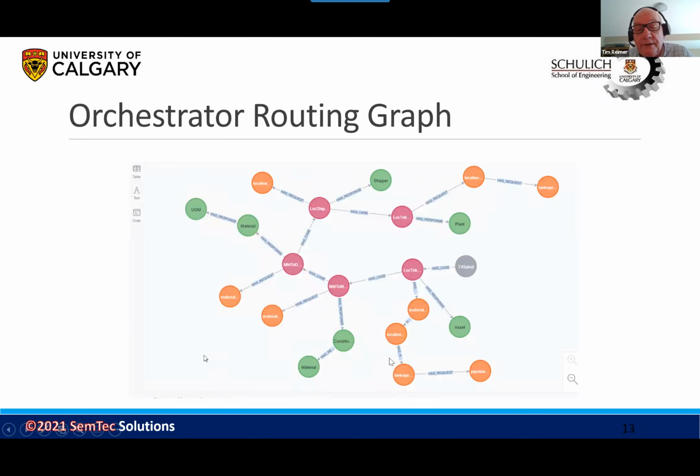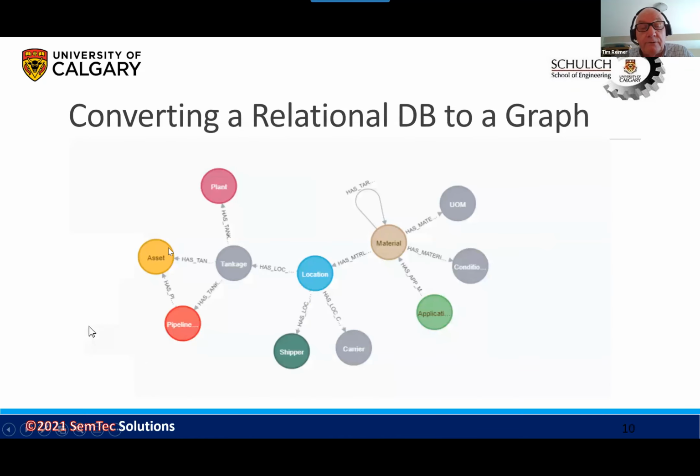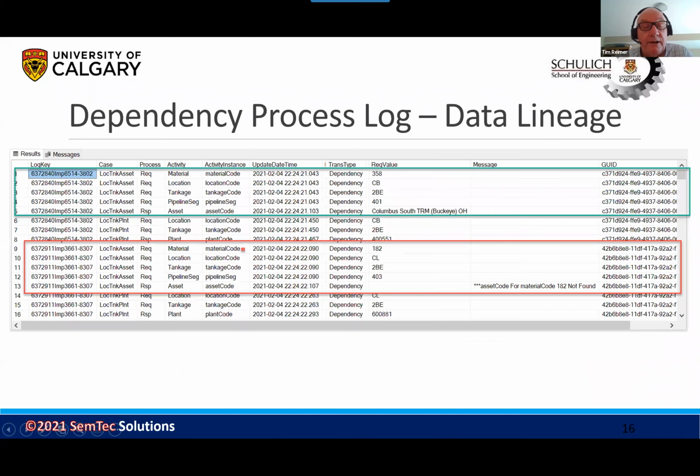It went down into this graph, took the material code, looked at the location code, found the tankage, went to the pipeline segment, and then found the asset ID sitting here. You can see that in this log file, and you see the response code and exactly what it found. That's the reason why I put it in green.